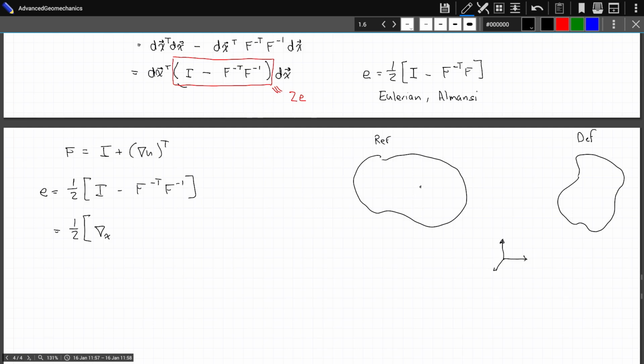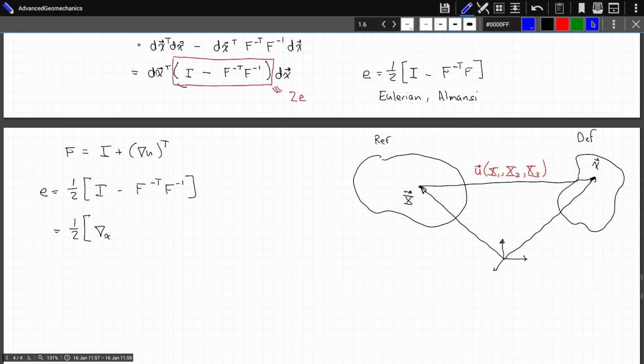If we have a point big X and a point little x over here, before we wrote u as a function of X1, X2, X3.